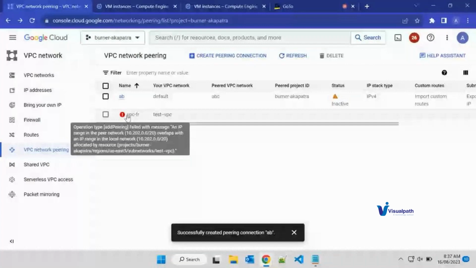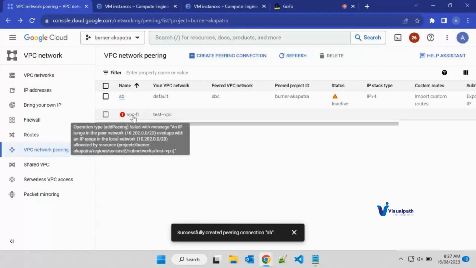That is the reason why these peerings can fail. Please do take a note of the CIDR ranges of the VPC networks that you are trying to peer, otherwise these will not work.